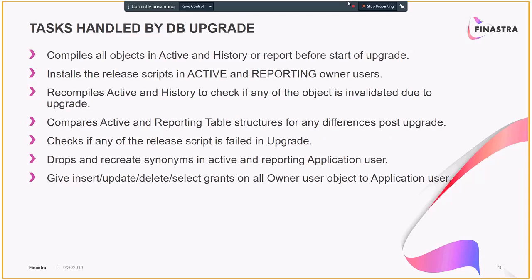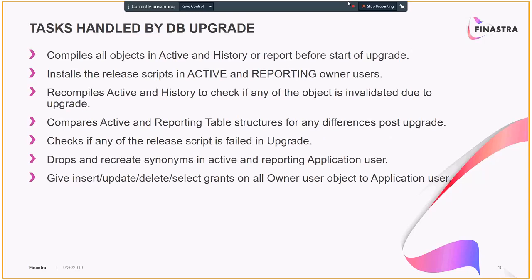It compares active and reporting structures. If any structure is not as required post the upgrade, then it validates in different sections. What the sections are, we will see later on. It verifies what scripts failed and what section has failed, and it provides you the sections where the script has failed and what things have failed.